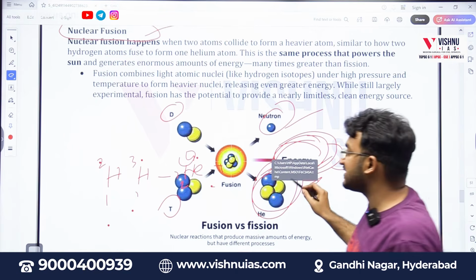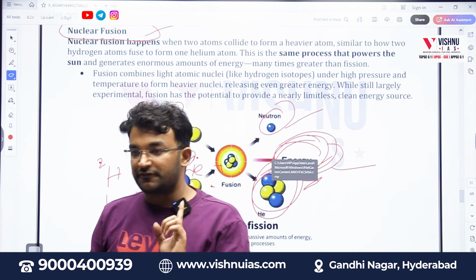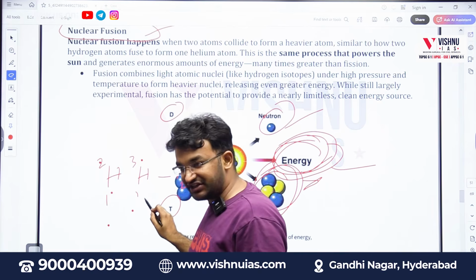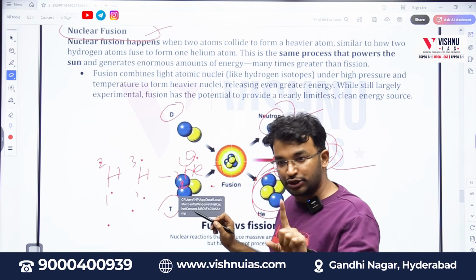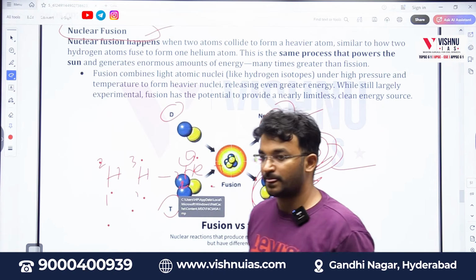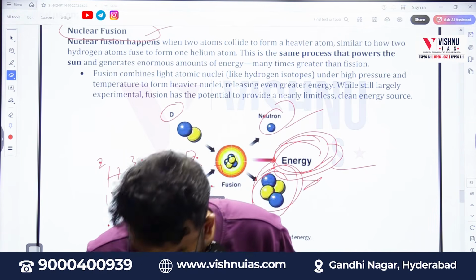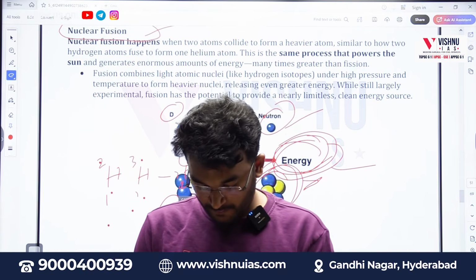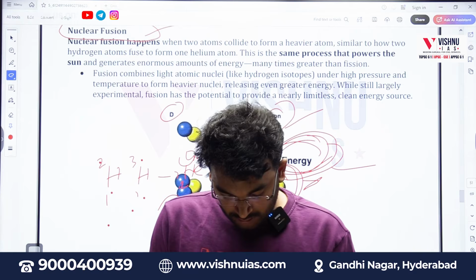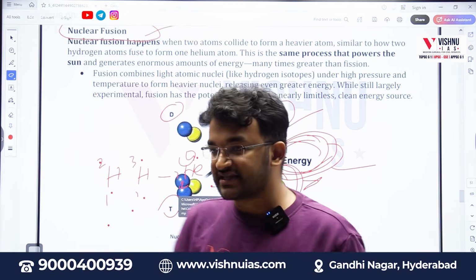This is an example of nuclear fusion: deuterium plus tritium giving rise to helium 2, 4 plus 1 neutron plus energy. This is about fusion.